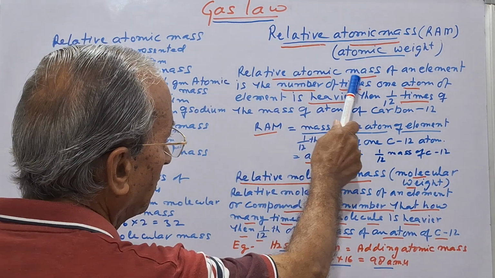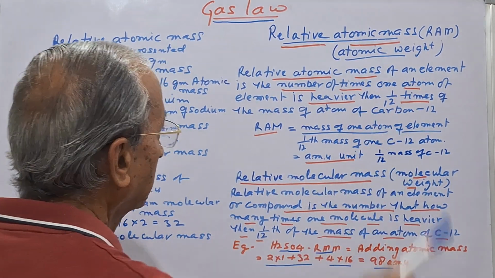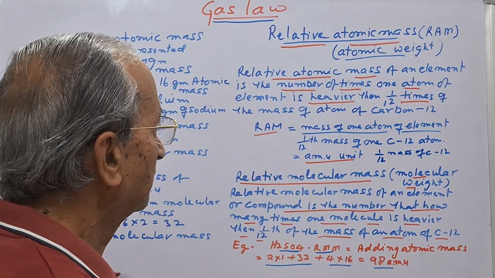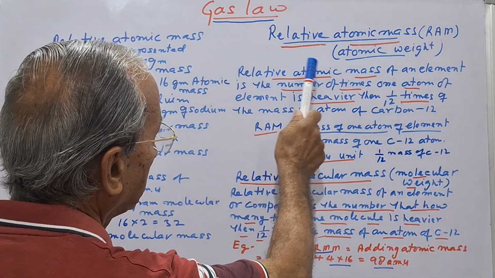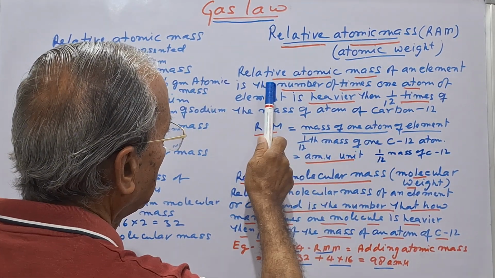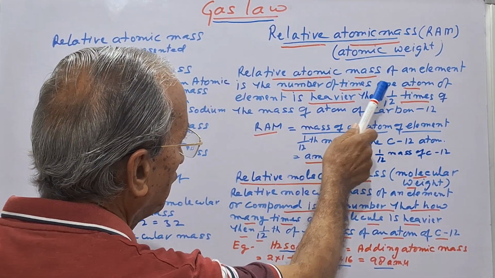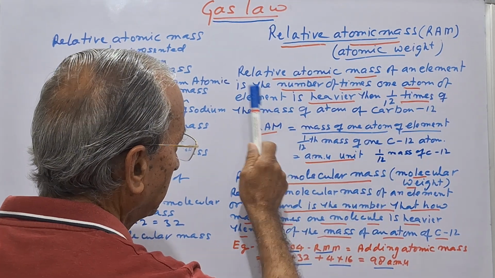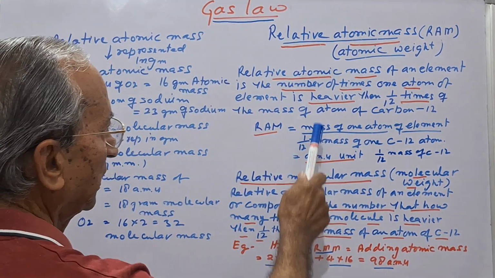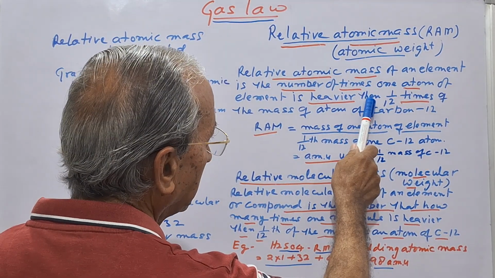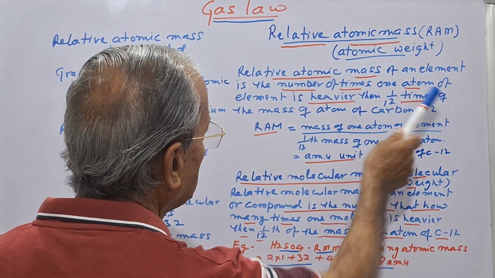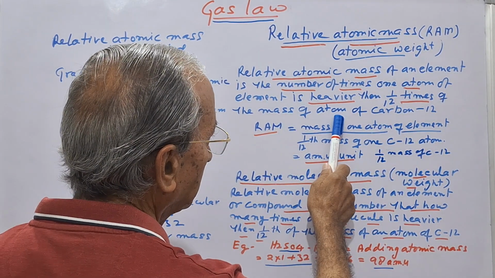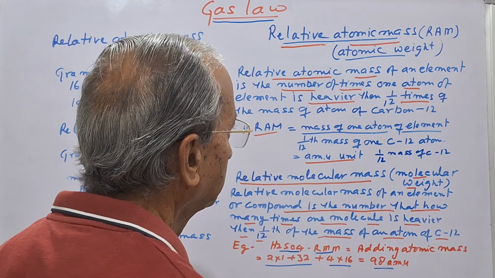So the relative atomic mass of an element is the number of times one atom of the element is heavier than 1/12 of the mass of the atom of carbon 12.